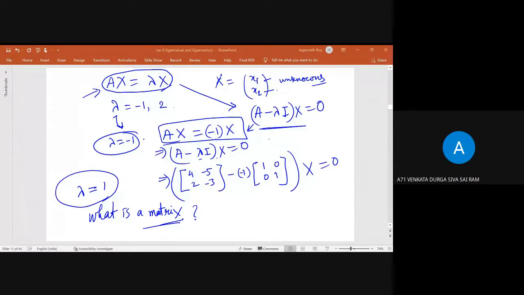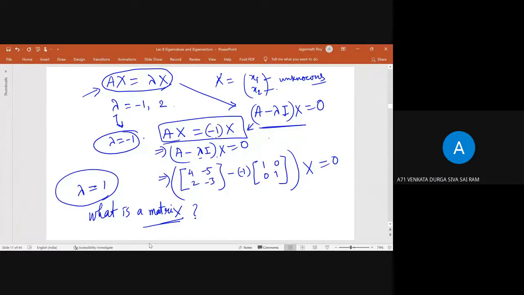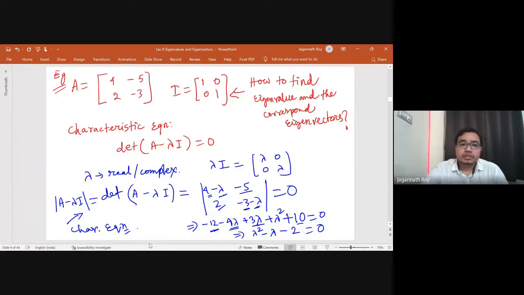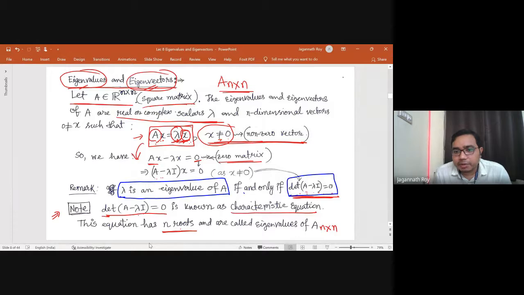Sir, for deriving the characteristic equation, we have taken Ax minus lambda x equals 0. Yes. From that we derived A minus lambda I into x equals 0. Yes. From that, how can we derive the determinant of A minus lambda I equals 0? No, you are not deriving it. We are saying that if lambda is an eigenvalue of the matrix A, then this determinant of A minus lambda I will be 0.